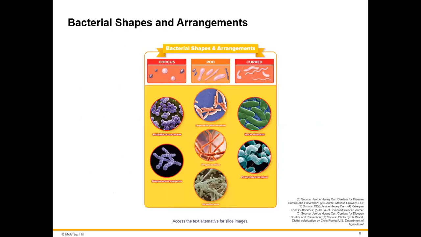So these are some of the common shapes. I said the coccus was spherical. The bacillus are rod-shaped. There's some variation. When you see bacteria like this in a chain, they are not multicellular, but they stay joined together. You have various bacteria that have curved shapes. Vibrio looks like a little comma.